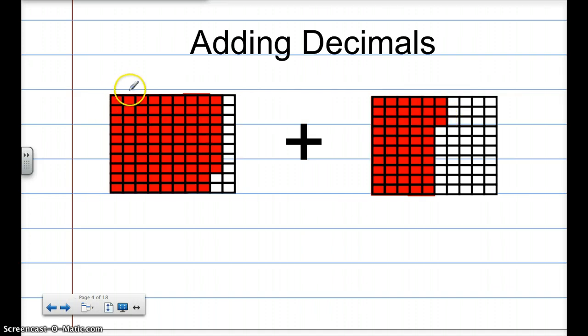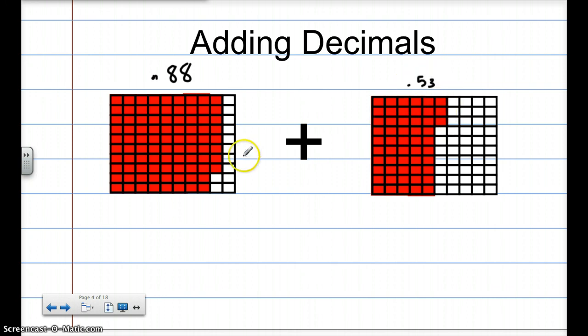So this is 10, 20, 30, 40, 50, 60, 70, 80, 81, 82, 83, 84, 85, 86, 87, 88. So that's going to be 88 hundredths. This one is going to be 10, 20, 30, 40, 50, 53 hundredths.